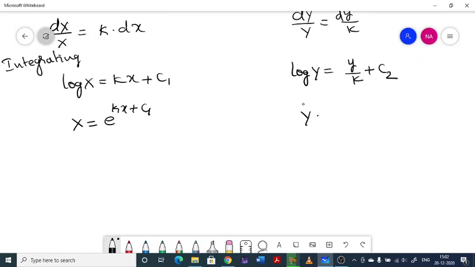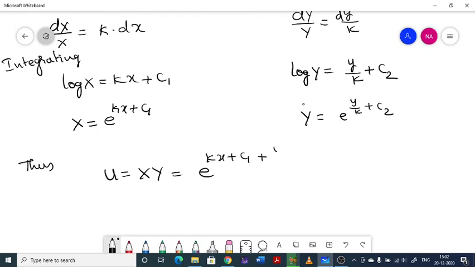Here taking exponential on both sides, Y equal to e power y by k plus c2. Thus the required solution is u equal to capital X into capital Y, that is e power kx plus c1 plus y by k plus c2. You can write this also as e power c1 plus c2 into e power kx plus y by k. So that is the required solution.